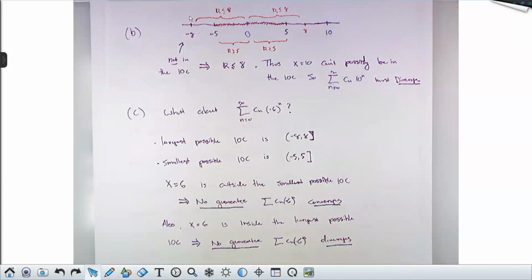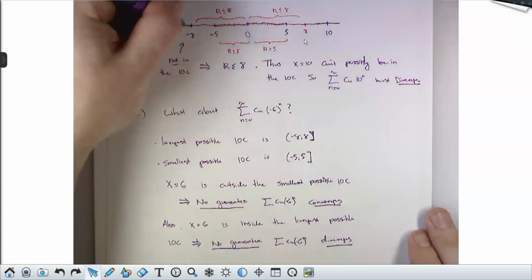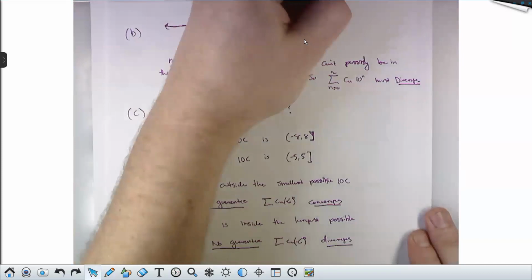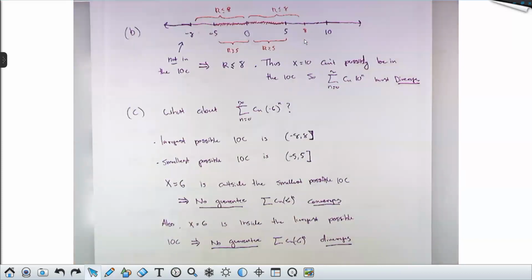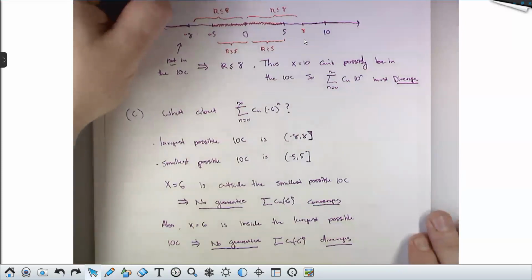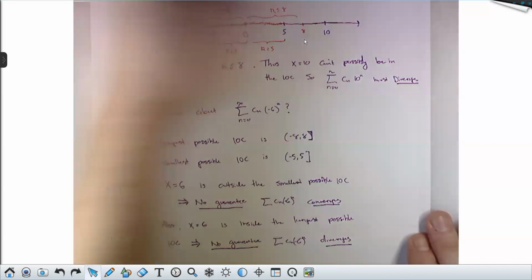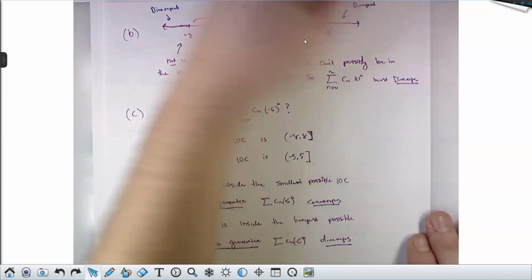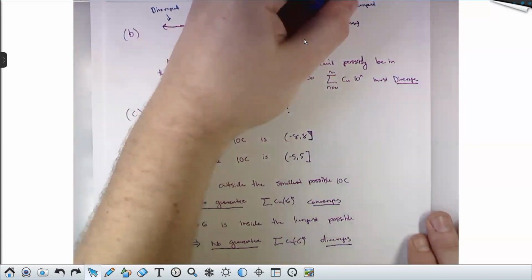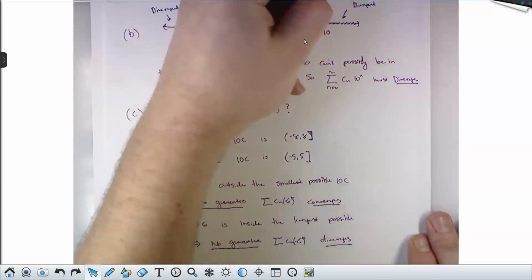So outside the interval from -8 to 8, I know everything diverges. Any x value you were to plug in out here, you will get a divergent series. Divergent, divergent, anywhere outside the interval -8 to 8.